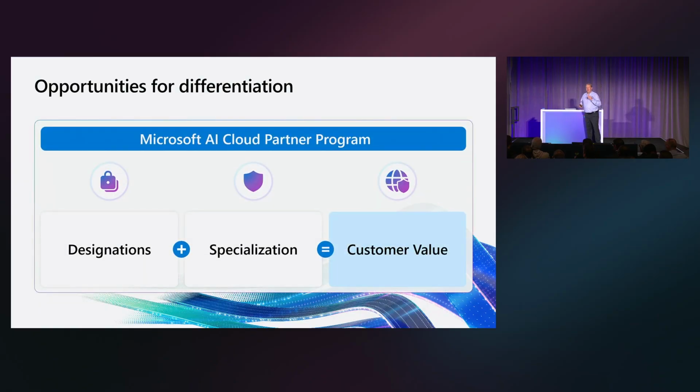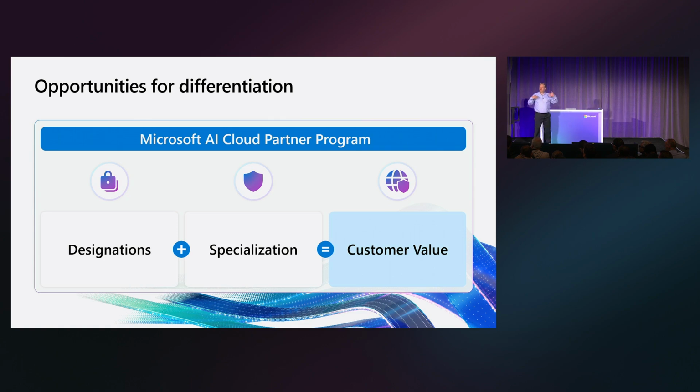The structure of our designations and specializations within the Microsoft AI Cloud Partner Program is designed to allow partners to differentiate themselves in their own specific areas of capability. Aligned to our own solution areas, this is a very visible way in which partners can promote their capabilities to their customers.